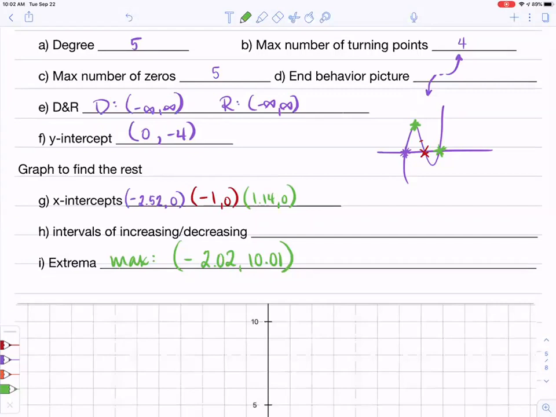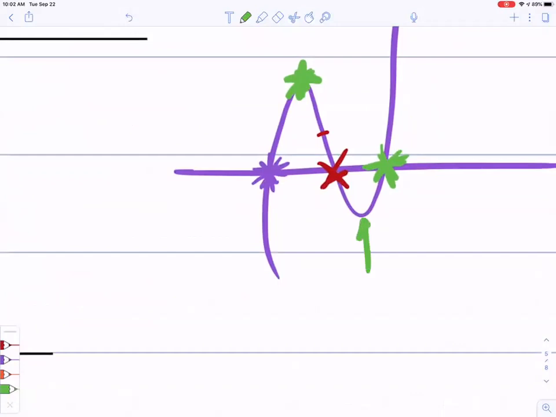Let's do the same thing for the minimum. November, you're doing this one. Okay, so go to second trace, only this time don't choose maximum, choose minimum. When it asks you for the left bounds, on our picture, this is the one we're looking for.